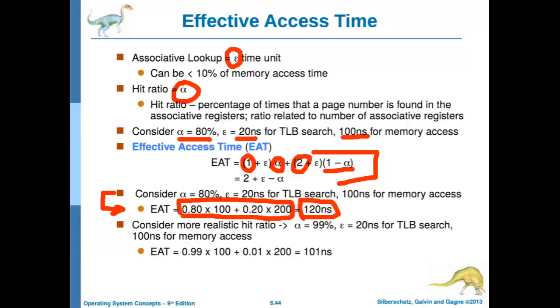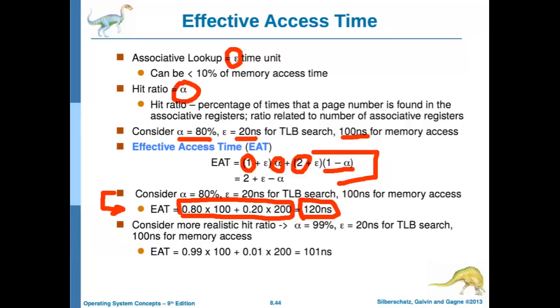But let us see a more realistic hit ratio, and let me tell you why it is more realistic. Whenever a TLB miss happens, that means that page is not there in the cache memory. Then the operating system fetches that page into cache memory. So next time, if the same instruction comes from the same page, it results in a TLB hit.